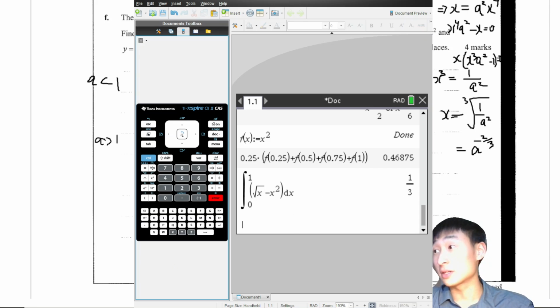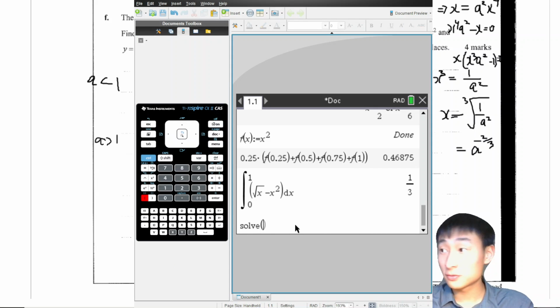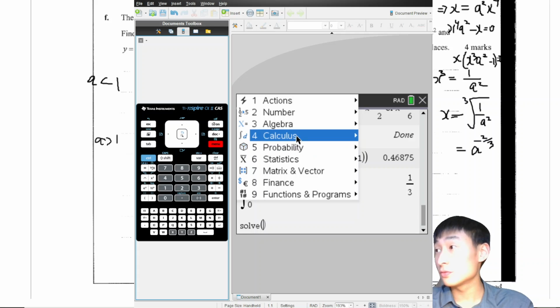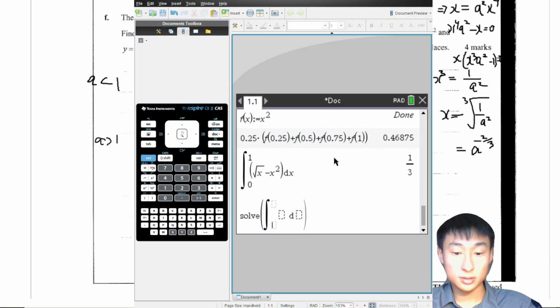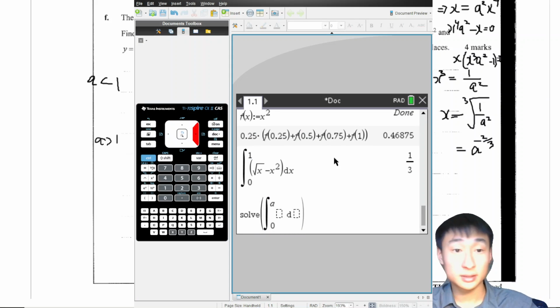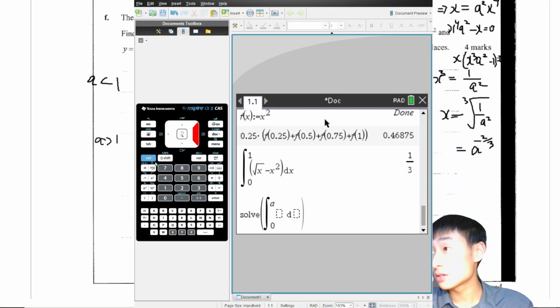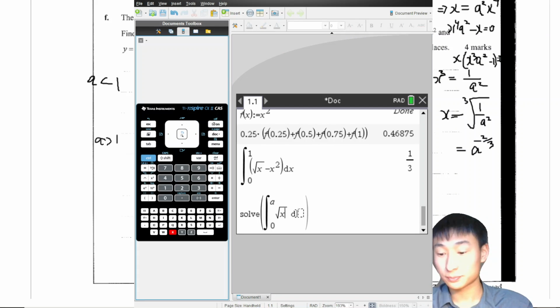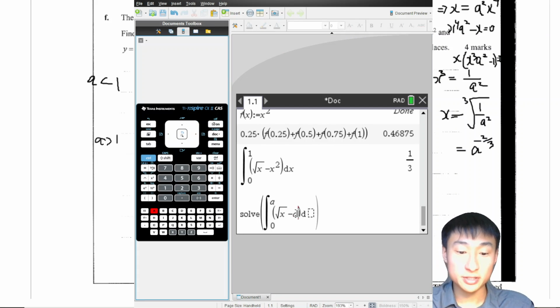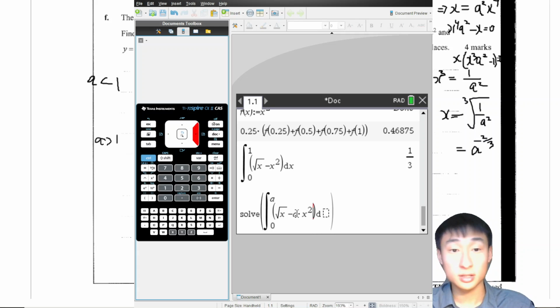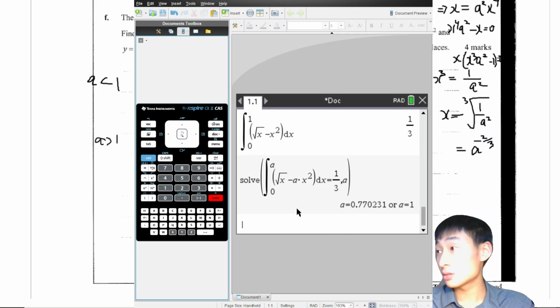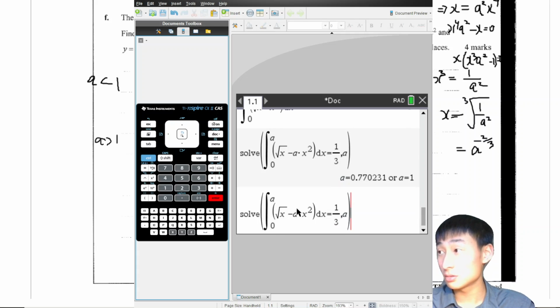So I'm going to bring my CAS up, solve menu, integral from 0 to a, root x minus a times x squared dx is equal to 1/3. Okay, two answers. That's cool.